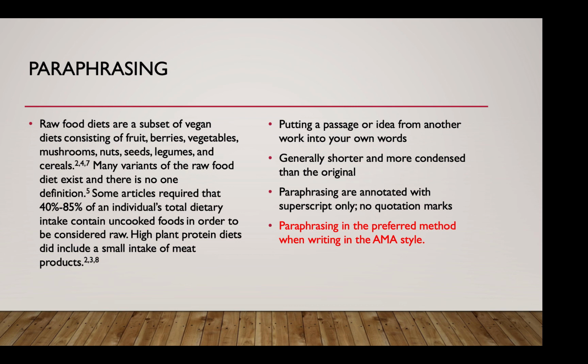And paraphrasing are annotated with superscript only. There are no quotation marks. So you will see in this first example, we paraphrased what was written in reference 2, 4, and 7. And you put your period and you follow the numbers directly after the period, and you put commas in between if there are multiple references that say the same thing.